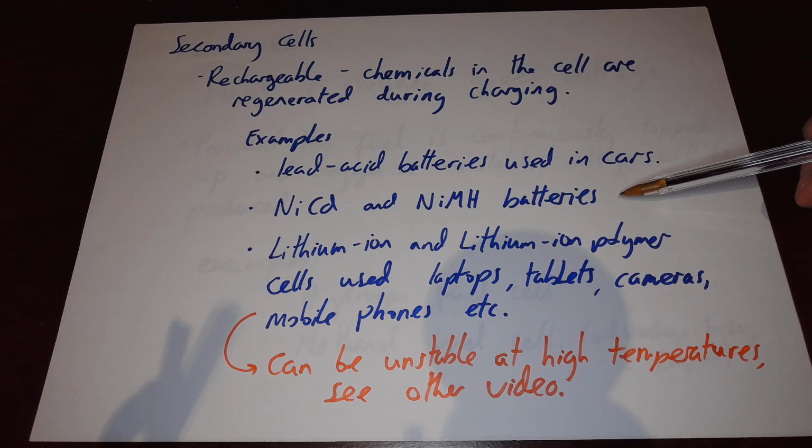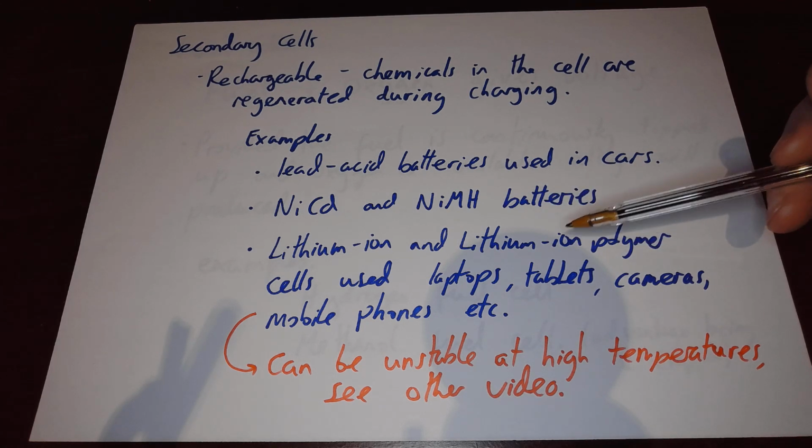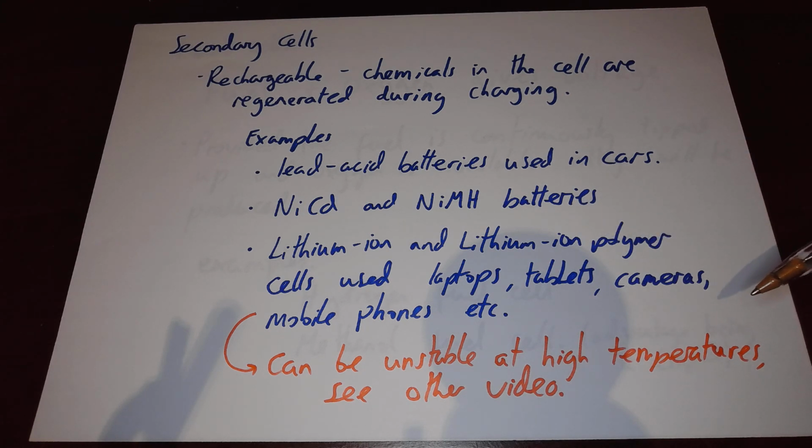My kids have got remote control toy cars that they recharge. That'd be that type of battery. Another example is what's in your phone, your laptop, your tablet, something you're probably watching this video on right now. It's got a lithium ion or slightly different version, a lithium ion polymer battery. These are all rechargeable.